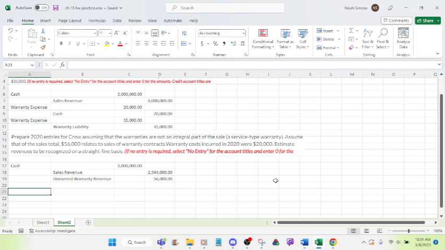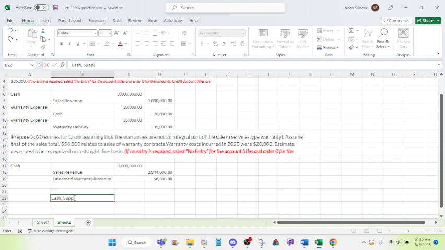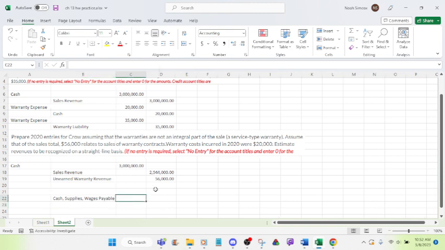Oh crap. I bet for that one, they're like, yeah, cash, supplies, wages payable because of course. 20,000.